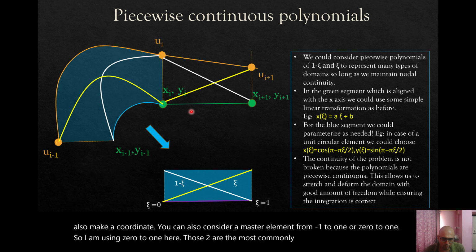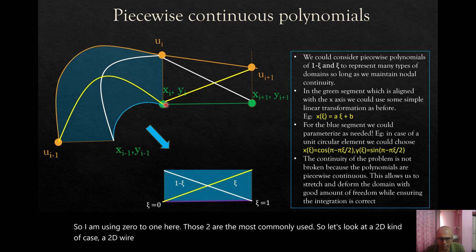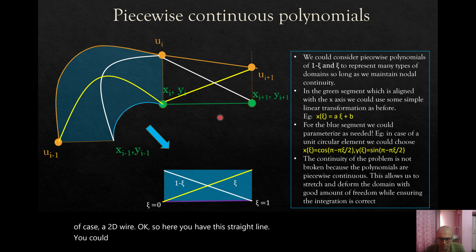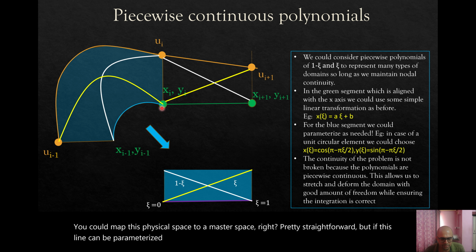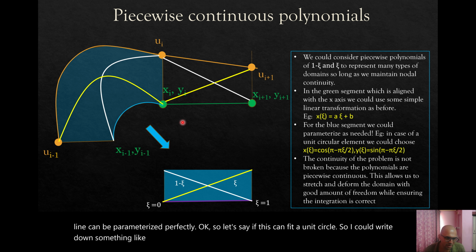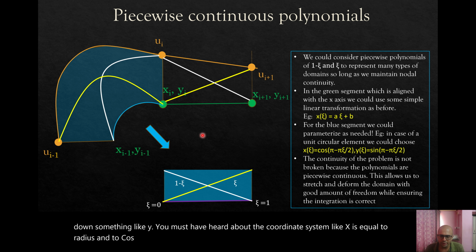So let's look at a 2D kind of case, a 2D wire. Okay, so here you have this straight line. So you could map this physical space to a master space, right? Pretty straightforward. But if this line can be parameterized perfectly, let's say if this can fit a unit circle, you must have heard about the coordinate system, like x is equal to radius into cos theta and y is equal to radius into sin theta.